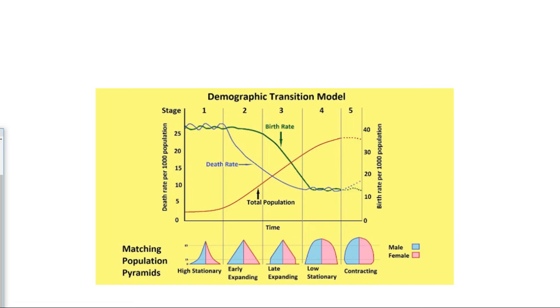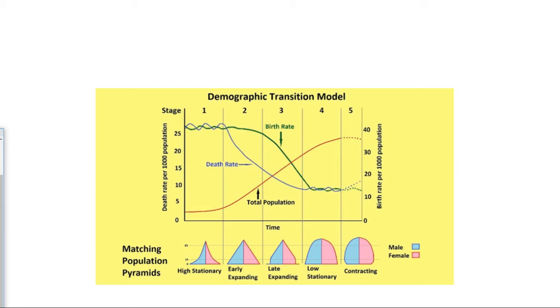This is the stages of the demographic transition model that a country goes through as it develops. Stage 1 is when you have high birth rates and high death rates. Stage 2 is when you have high birth rates and the death rates are starting to lower. And then as you start to move to a more industrial based society, the birth rate decreases and the death rate decreases.